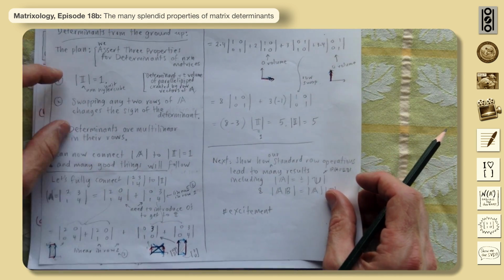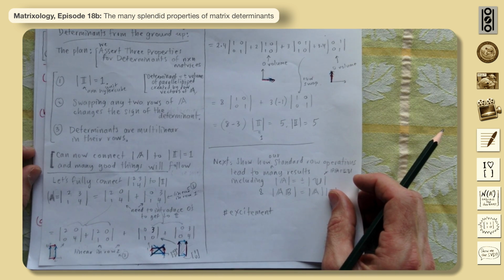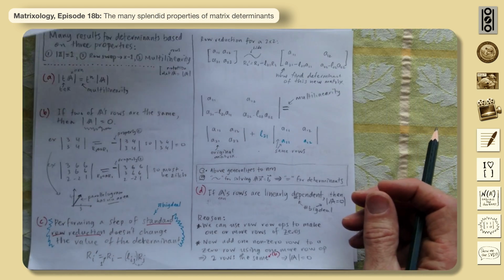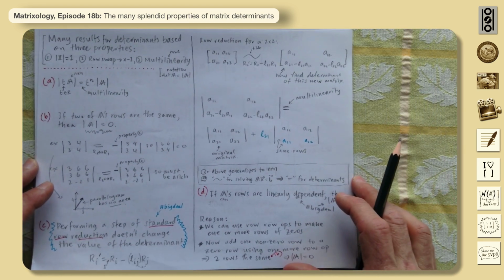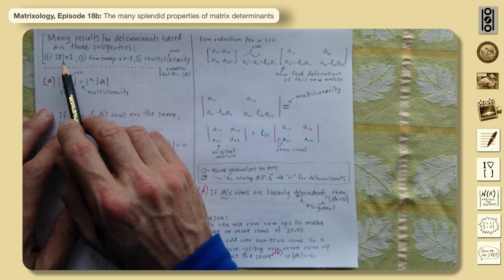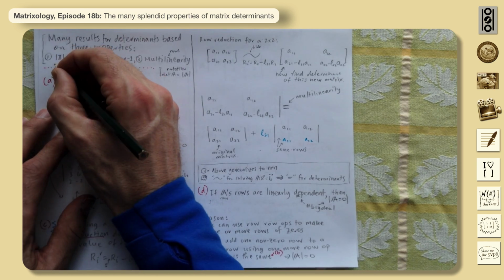So the plan is using these 3 rules to build up to some general results about determinants. And that's where we are now. So here they are again. So properties. Identity matrix. The determinant of the identity matrix is 1. This is for n by n's. I've pre-written these out.